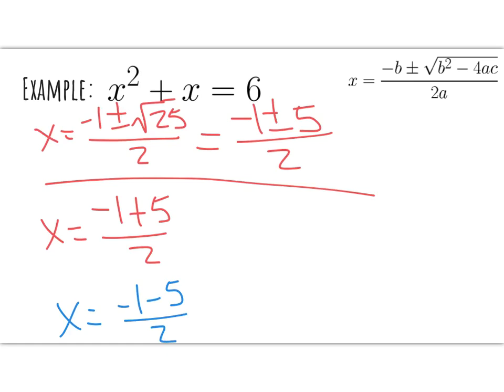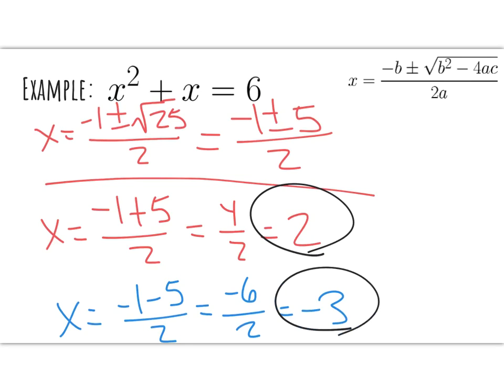And as we evaluate these, negative 1 plus 5 is 4 over 2, and that makes 2. And that's one of the solutions we just talked about. The other solution is negative 1 minus 5. That's negative 6 over 2, and that's negative 3. 2 and negative 3. The quadratic formula has verified for us something that we just did by factoring.